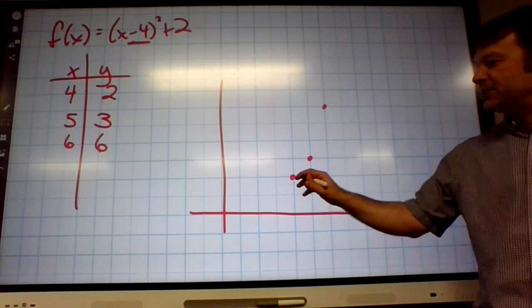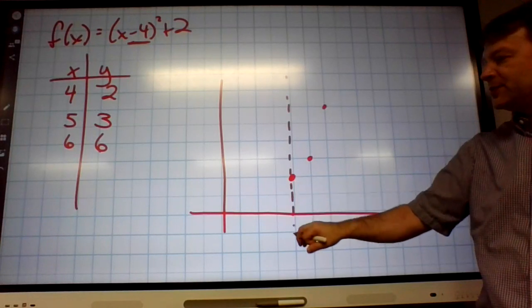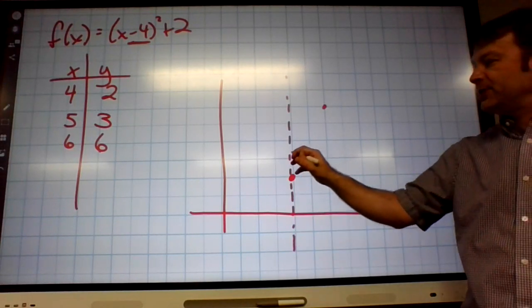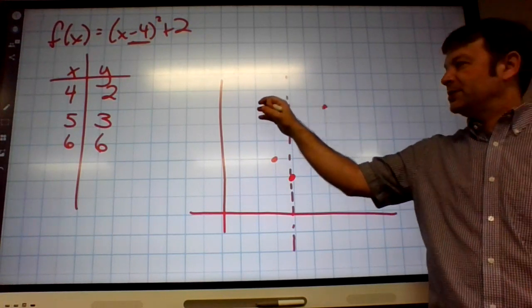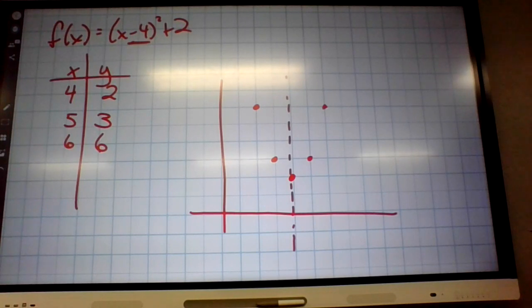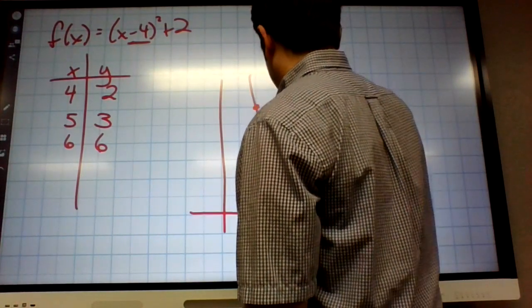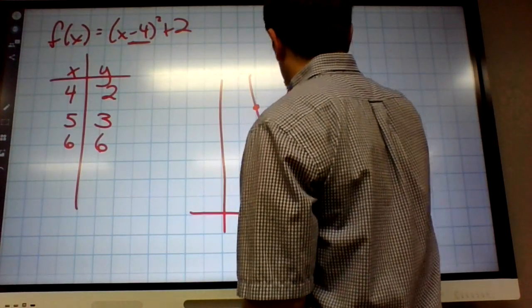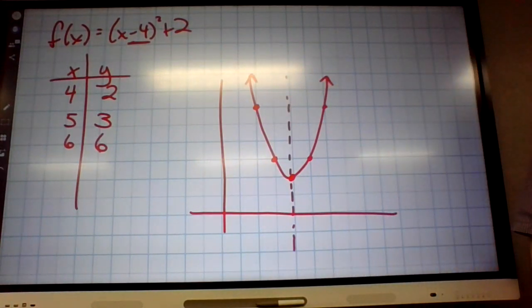This is the vertex, the middle of my graph right here. This is the line of symmetry. So this point is going to reflect over here. This point has a twin over here. And that's it. They didn't say you had to draw the line of symmetry. It might help you reflect the points.